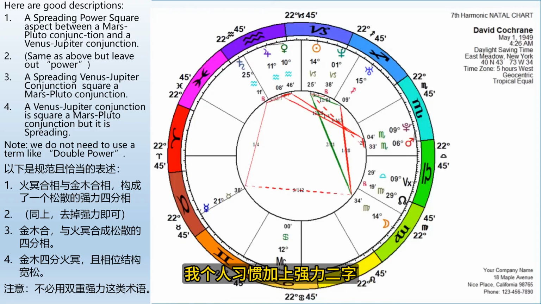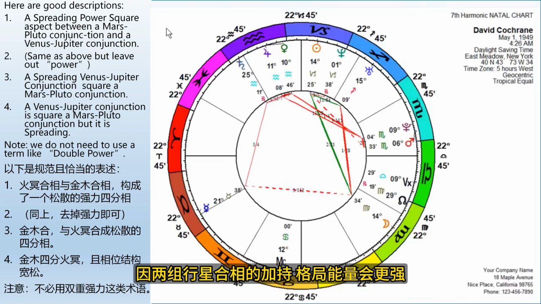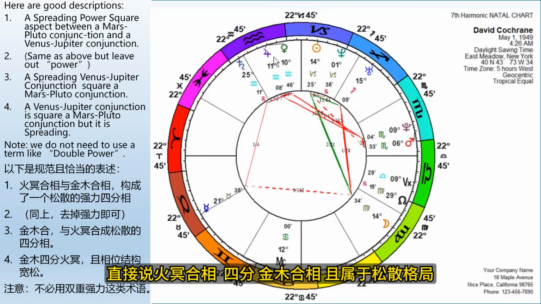You don't really need the word power. I like using the word power. It just brings to mind that it's an aspect that normally would not have these additional planets, but the conjunctions add to it. You may not think of using the word power, and you might just say, well, you've got a Mars-Pluto conjunction square a Venus-Jupiter conjunction, and it's spreading.